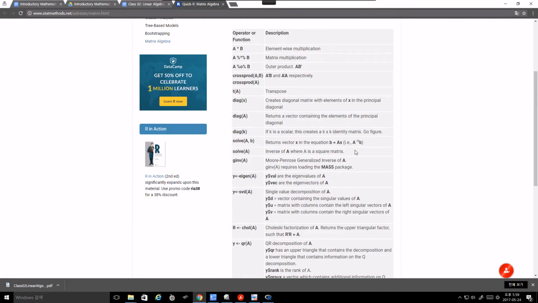Yeah, identity matrix I. And then another one is solve. Solve(A, b) returns the vector x in the equation b equals Ax. So it is basically useful to calculate systems of linear equations.